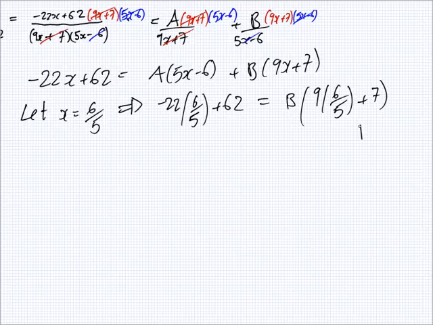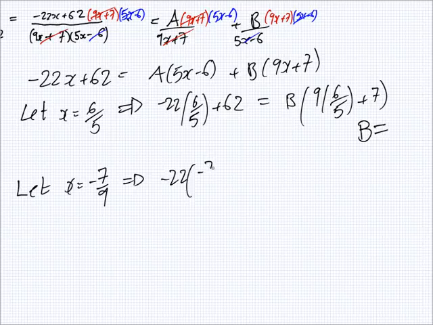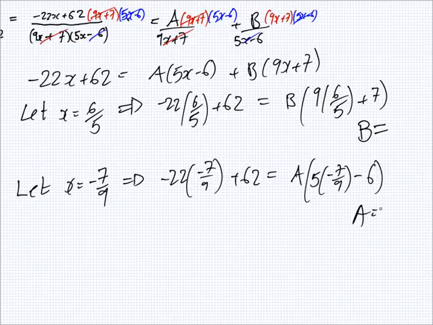So maybe somebody with a calculator can give me the B from that. Then the next one to do is let x equal minus 7 over 9. So then we get minus 22 times minus 7 over 9 plus 62 equals A times 5 times minus 7 over 9 minus 6. A equals.